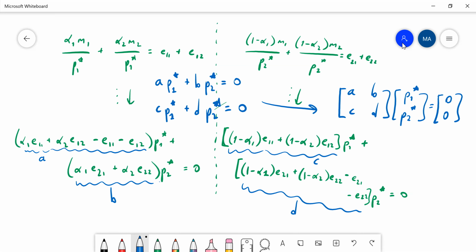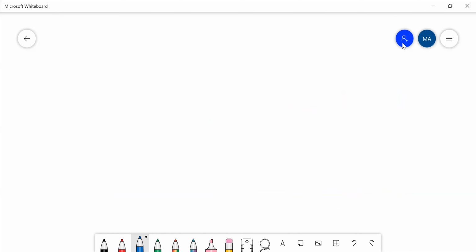Okay? Now, as you see, this is a linear equation system, but it is homogeneous, right? Because you have zeros there. So if you want to draw it, you have something like this. You have P1* here, P2* here, and for there to be an equilibrium, first of all, they both cross the origin, right?